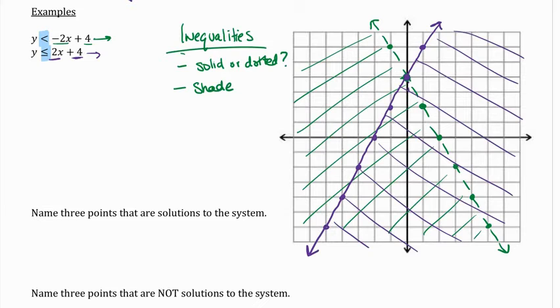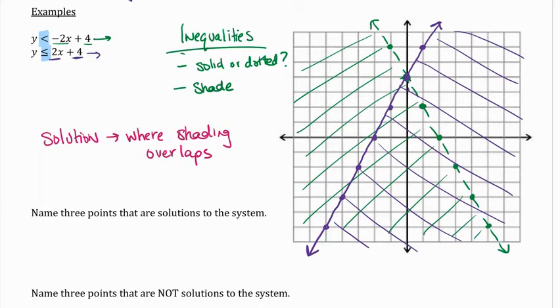Now to find the solution for our system of inequalities: the solution is where our shading overlaps. If I look at my purple and my green, up in the top right I've got purple only. Top left, I've got green only.